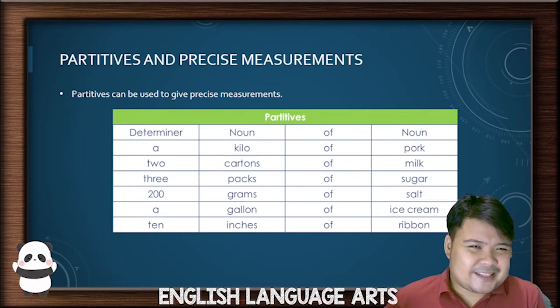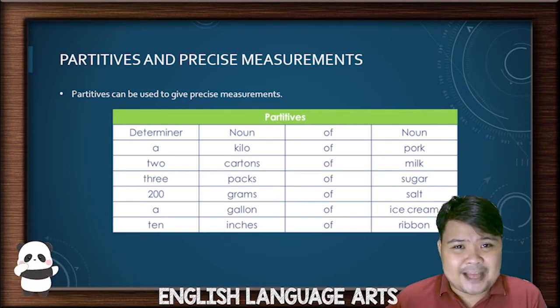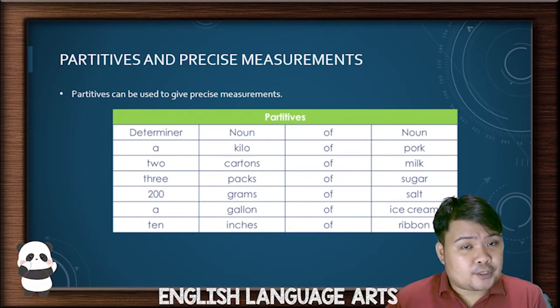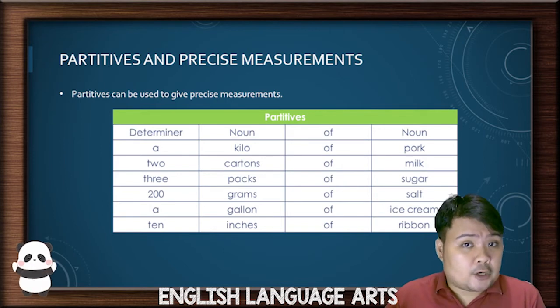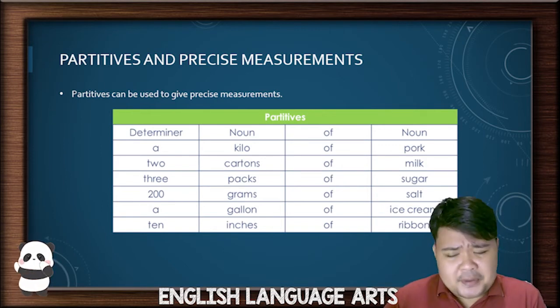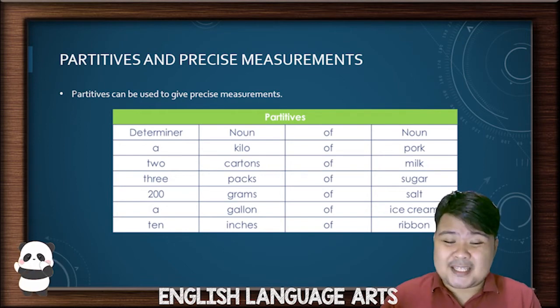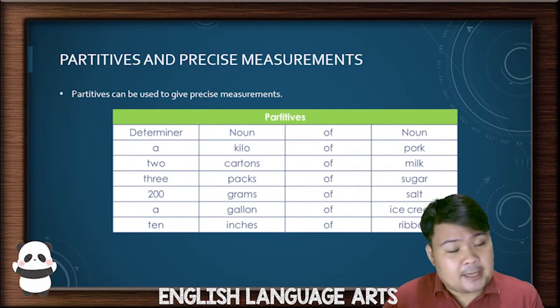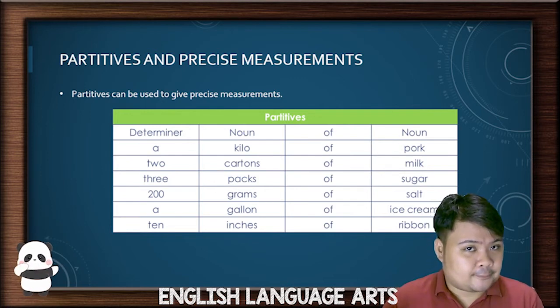You see these in specific instructions, such as recipes in a cookbook, or even grocery lists. Partitives play a very important role to give precise measurements or exact numbers for anything, be it a count noun or a mass noun.